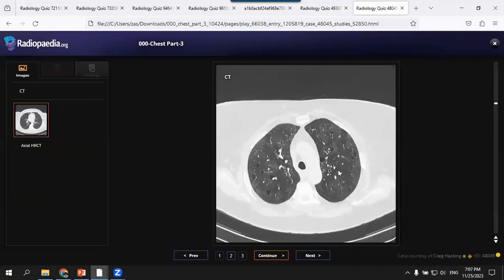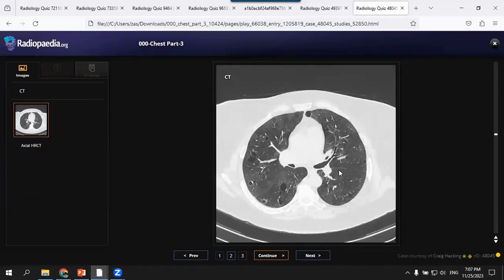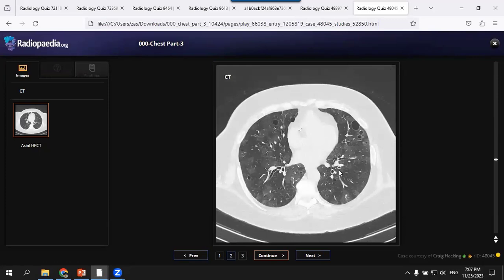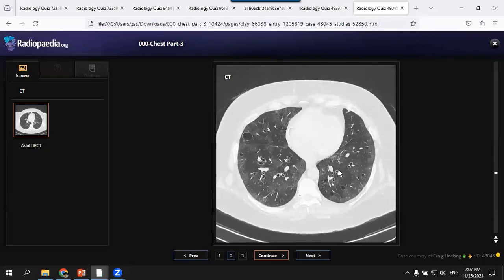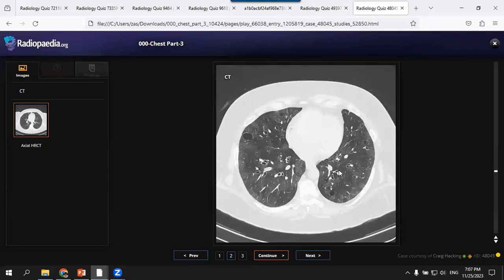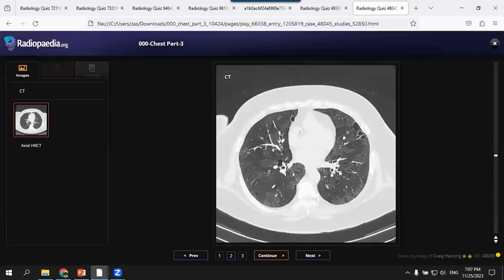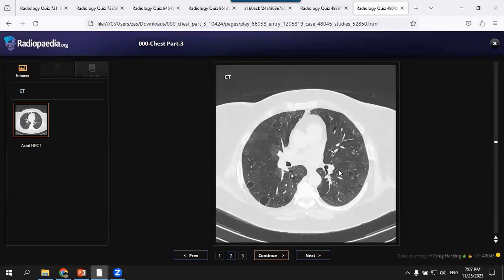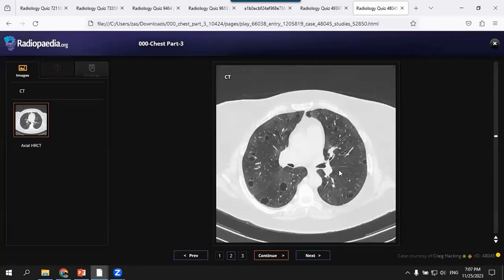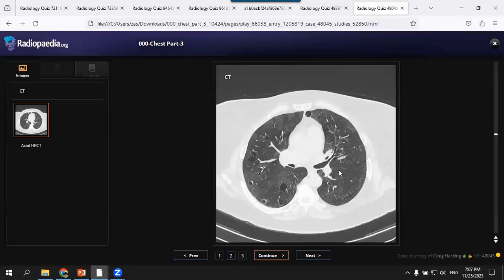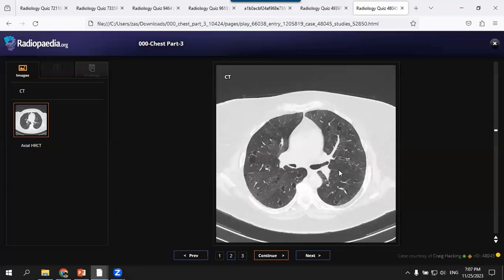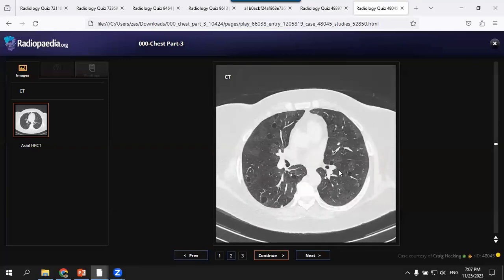The last case for you too. Okay, chest CT scan for an adult patient, showing multiple cystic lesions of different sizes diffusely scattered in both lungs, with hazy background ground glass opacification of both lungs with relative mosaic attenuation of the lung.